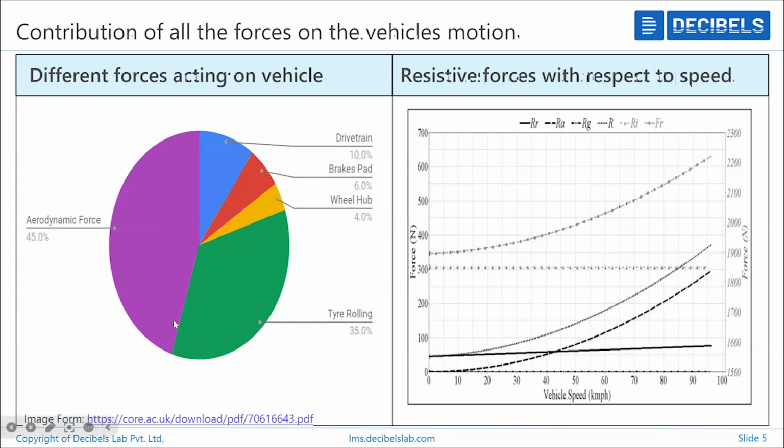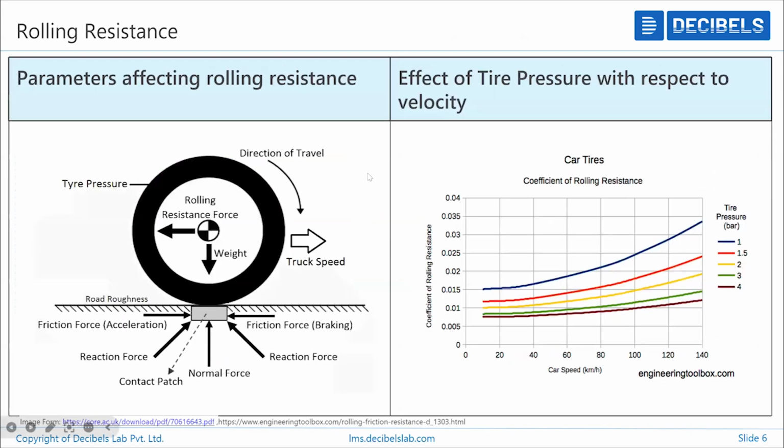You can see this pie chart showing how much each resistance is contributing, and the resistive forces with respect to the speed. As the speed increases, what all resistances are getting influenced and how they contribute. We'll try to look into each.